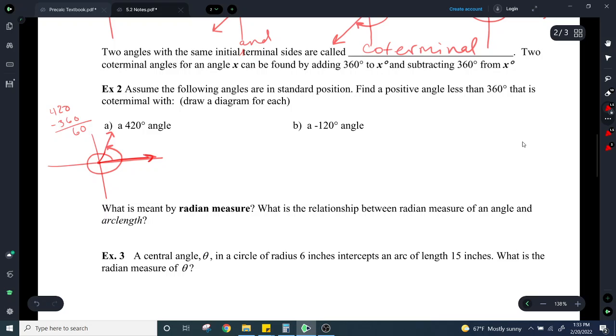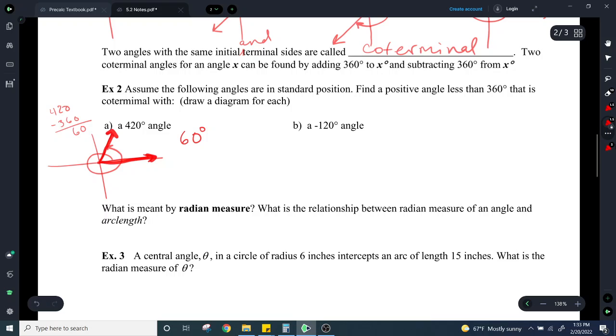Let me see if I can get a different color here. I'm not sure how to change colors. All right, well, let me not worry about it, but I'll do a thicker one. So notice I started here and I ended at the same place, which makes them coterminal. So the two angles that are coterminal are the 420 that I started with and the 60 degrees.